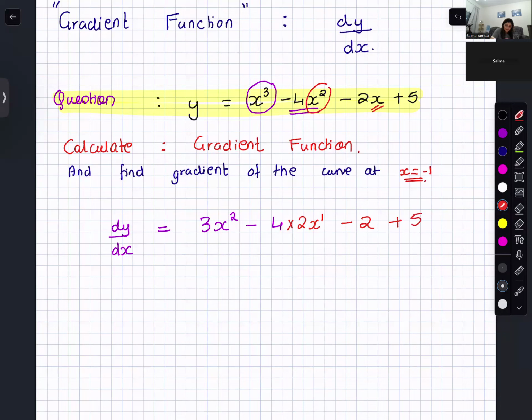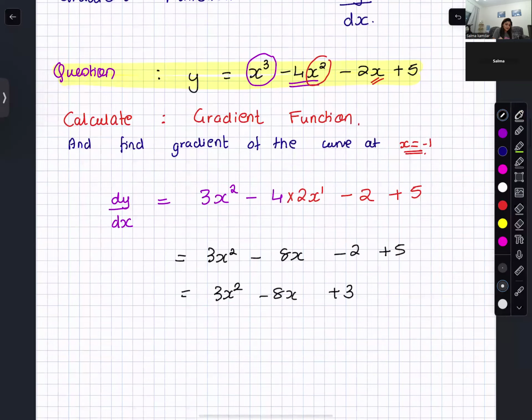So I get my gradient function as 3x squared minus 8x minus 2 plus 5. So this becomes 3x squared minus 8x plus 3.